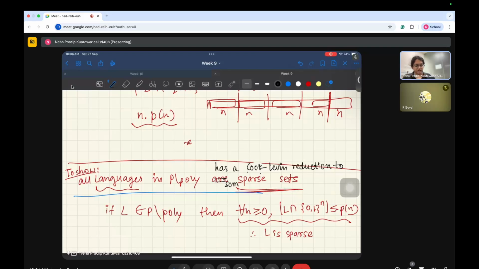So sigma star by itself is not sparse, but it is enough to say that it is Cook-Levin reducible to some sparse set. That would be enough. So that would make our whole counterexample fail. And this claim turns out to be true. We will not prove it, but I just want to make this correction.